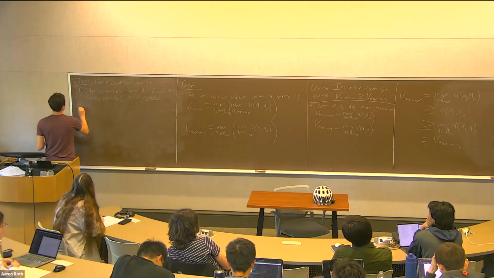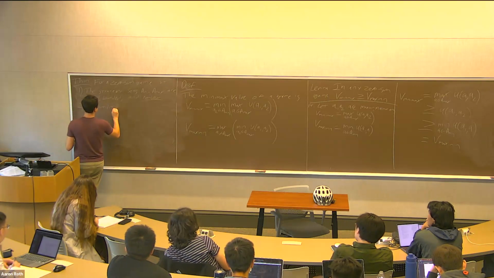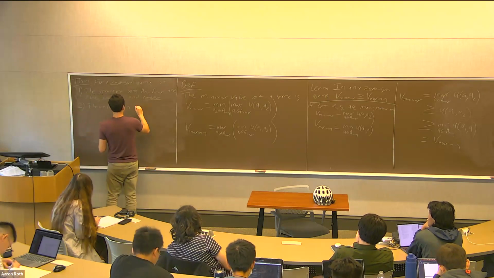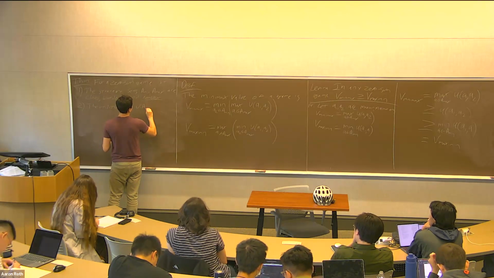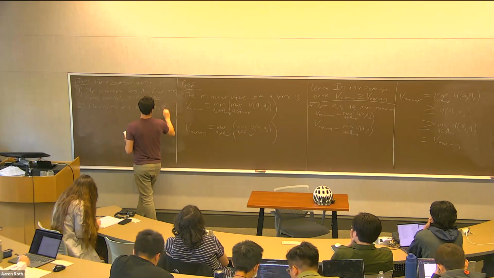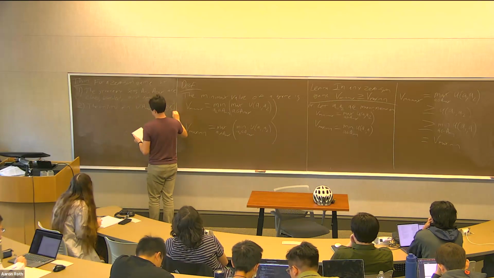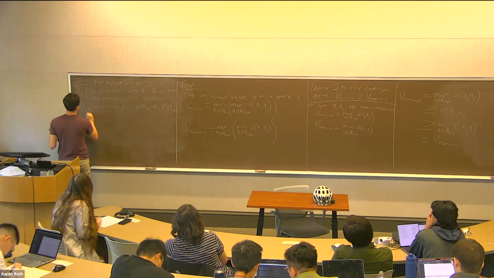And suppose also that the utility function, which before we assumed was an arbitrary function from pairs of strategies to a bounded range, now additionally satisfies two more constraints.